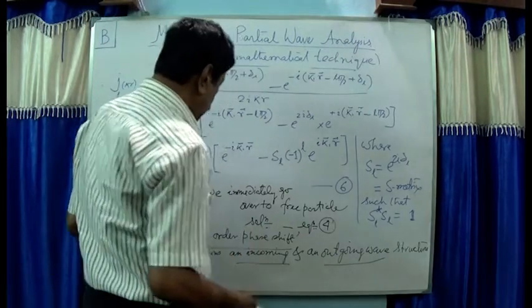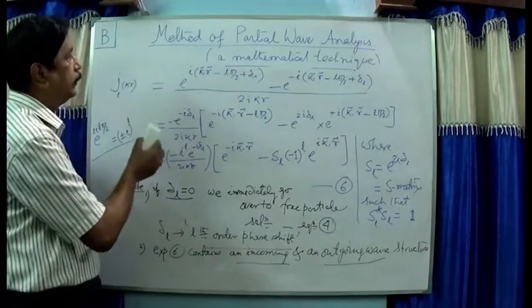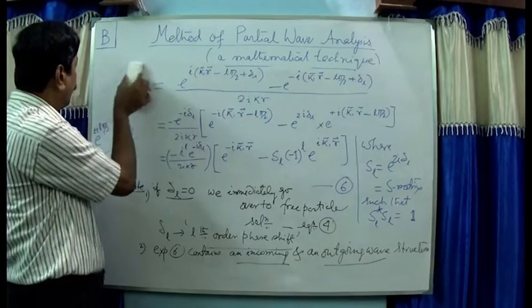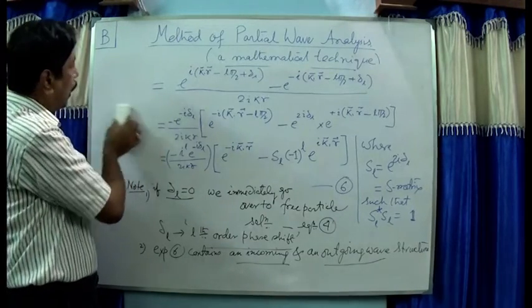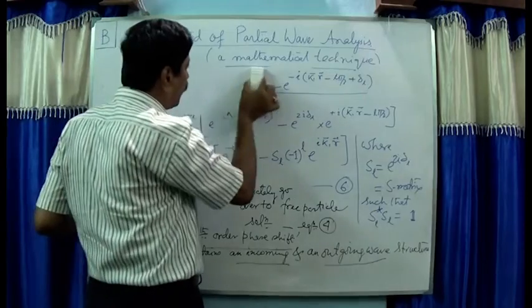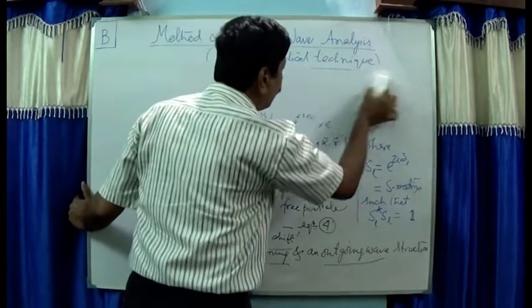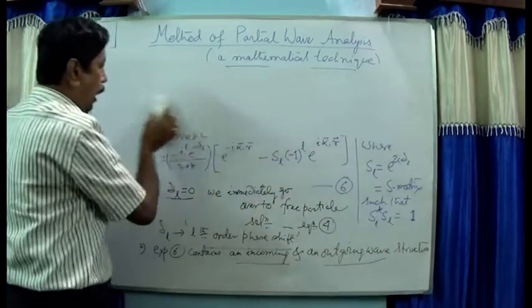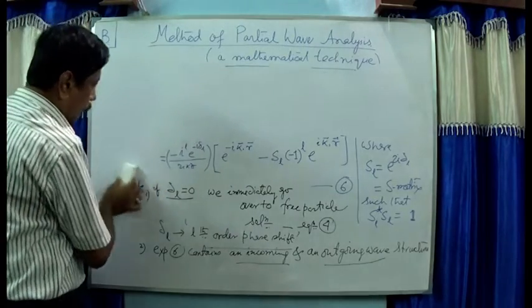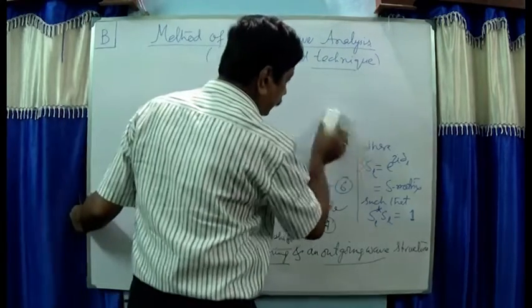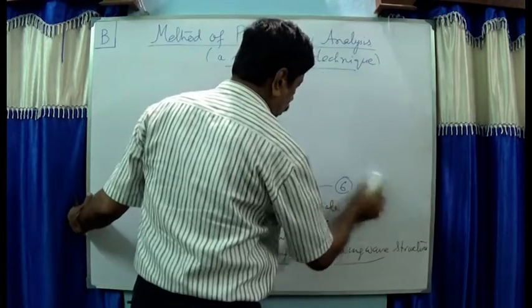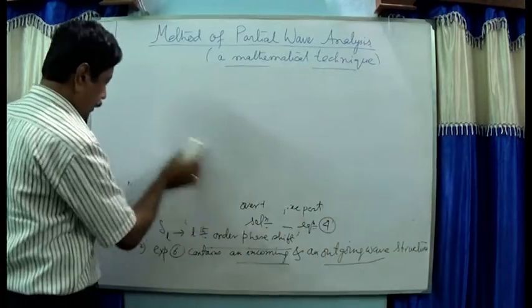Now let us rewrite the general asymptotic form of RL, the radial wave solution.